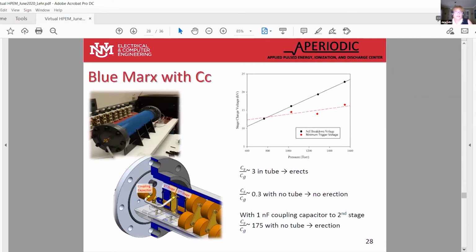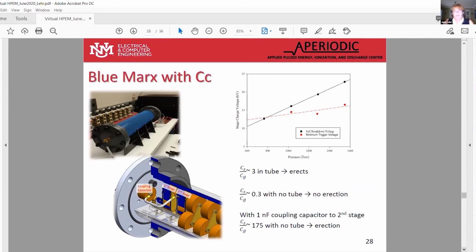So here's our blue Marx with the coupling capacitor. This has a huge 1,000 picofarad capacitor coupling the second stage to ground. Because this was built in-house, it allowed us to first analyze the first version, where it was in the metallic can, and that showed that the capacitive ratio was about 3, and it erected and worked fine.